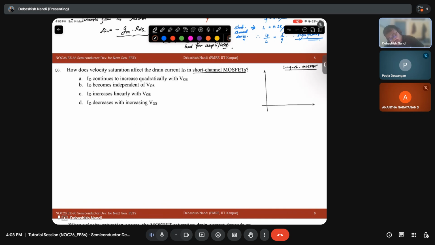What does the ID-VD characteristic look like? It is something like this, right? So there also I have some saturation. This is my VDS sat, which is almost equal to VGS minus VTH. So what is this saturation called?